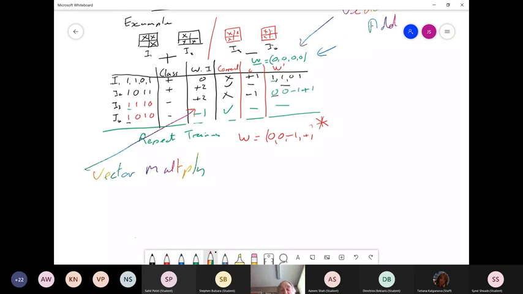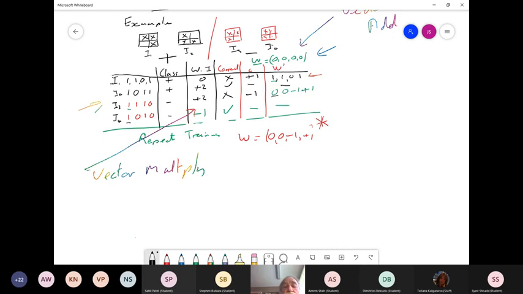Now we take the first negative pattern, and it is going to be the scalar product of the latest weight vector, which is this one here, with the I3 pattern. It is going to be W1 times I1. 1 times 1 is 1, plus 1 times 1 is 1, plus 0 times 1 is 0, and 1 times 0 is 0.